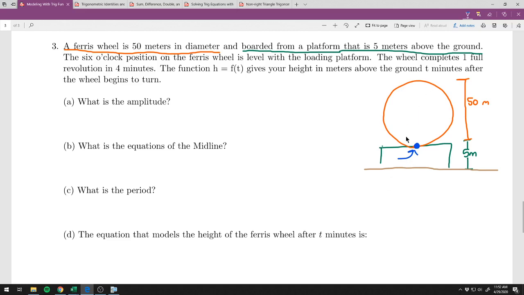Right, the 6 o'clock position of the clock is the bottom. And I guess you could make a really weird Ferris wheel where you didn't get on at the bottom. But one thing I'll go ahead and mention here, because we're going to be talking about this Ferris wheel going around as time goes on. Since this is where you get on, this is where t equals 0.